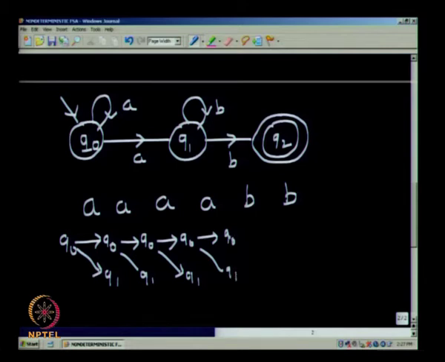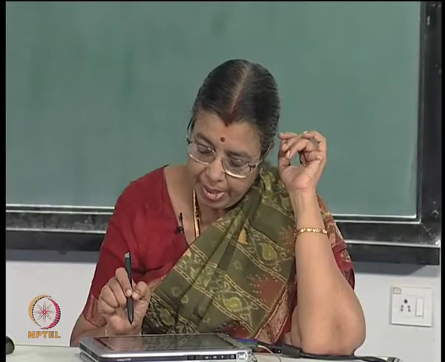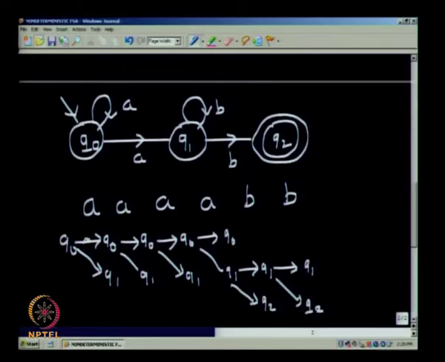Now, in Q0 you cannot get a B. So, from Q1 if you get a B you can go to Q1 or Q2. So, after reading the whole string you can be in Q1 or Q2. If one of them is a final state, you accept the string. So, this is the sequence of states which leads you to acceptance.